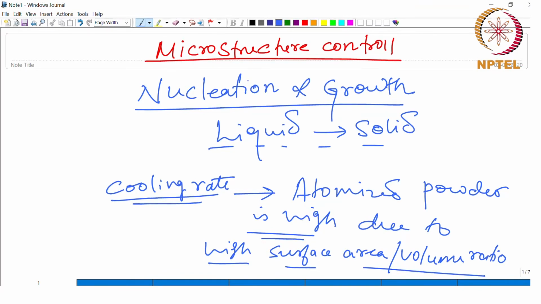And this has a significant bearing on the size and microstructure of these powders.